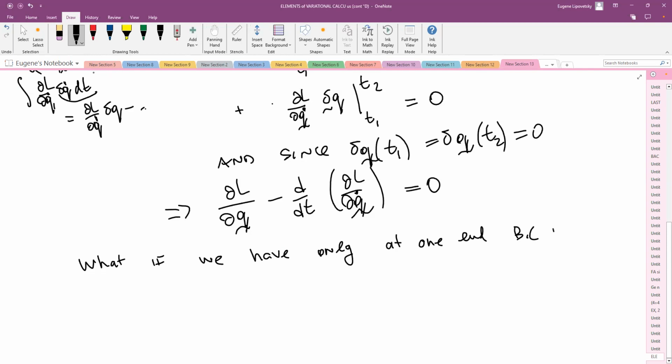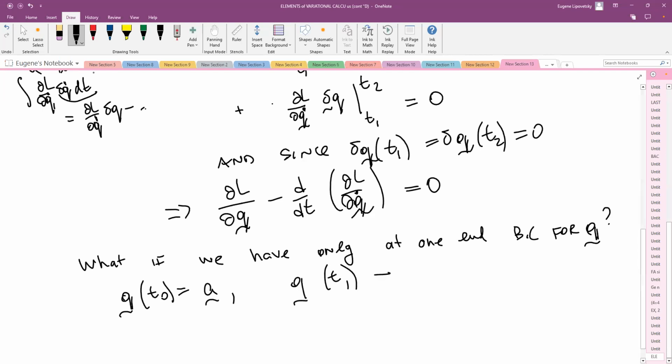Say we have Q of T0 equals to A, but Q of T1 is variable. How do you solve this problem then?